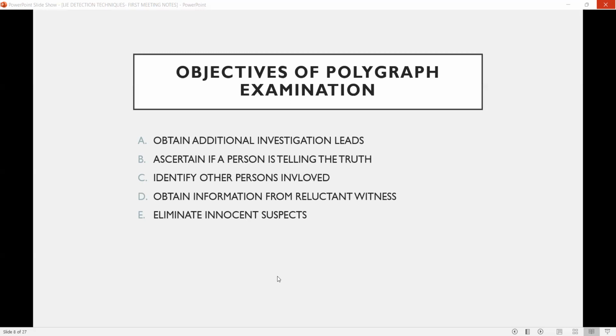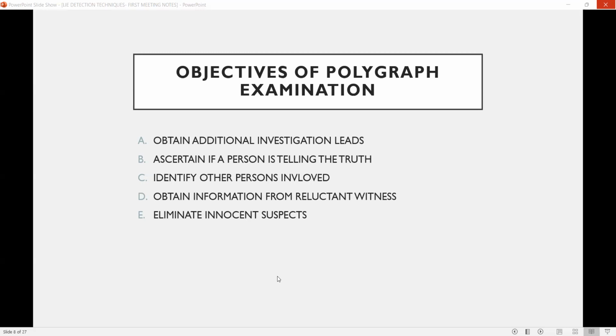or telling a lie. And also to locate the fruits or tools of the crime and whereabouts of the wanted persons. How can a polygraph examiner locate the fruits or tools of the crime and whereabouts of wanted persons? Again, by asking questions that are answerable by yes or no. And also to identify other persons involved.